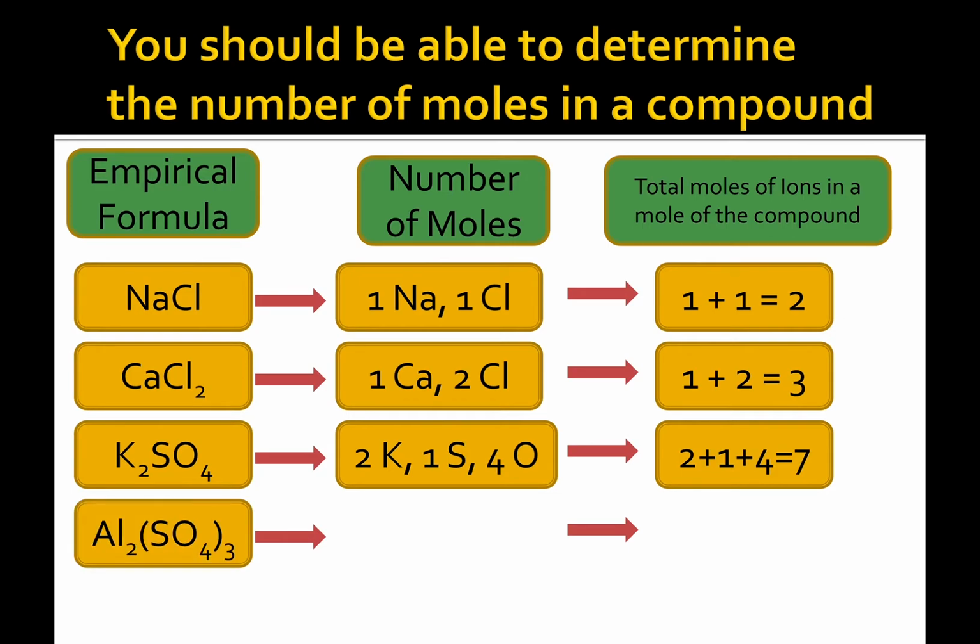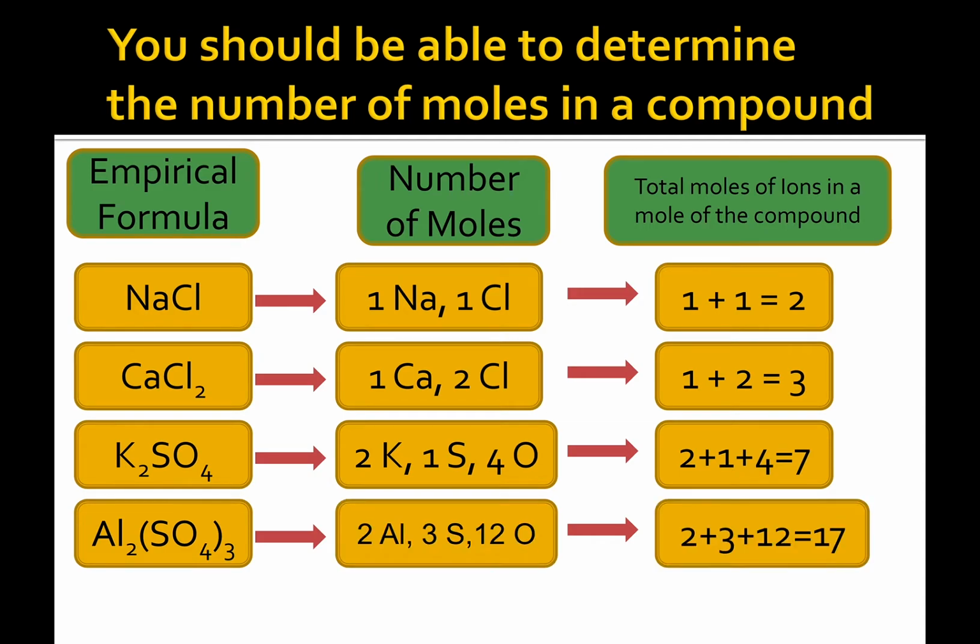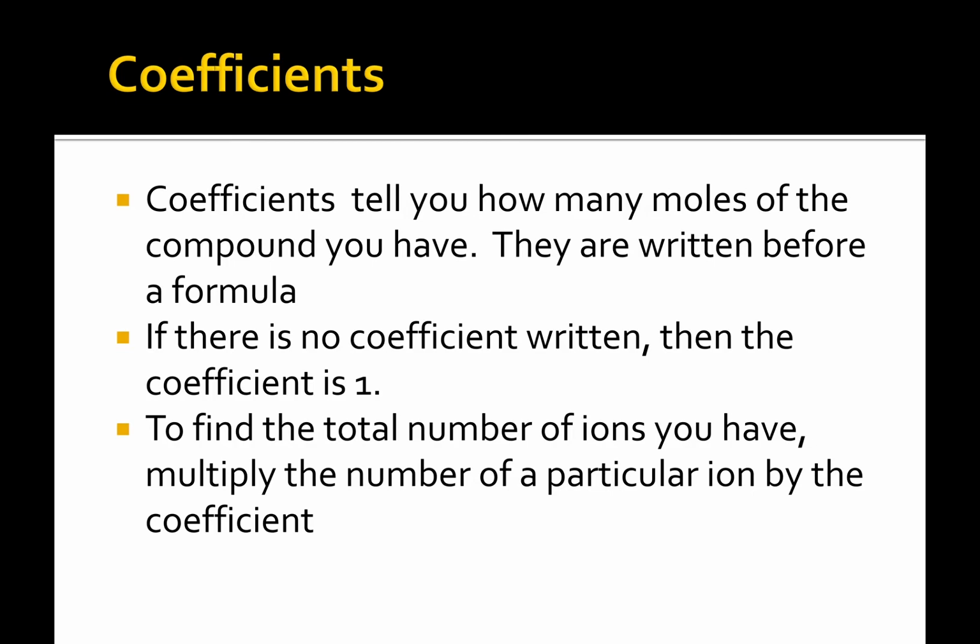Now, one that's a little bit more challenging here, we have a subscript outside of a parentheses, aluminum sulfate. We have a total of 2 aluminums. We distributed 3 sulfurs and 12 oxygens. This will give us a total of 17 moles of ions.